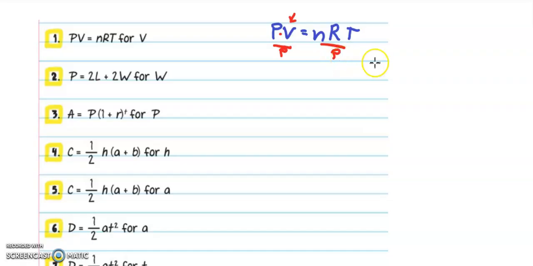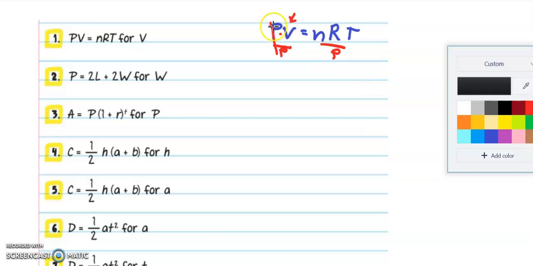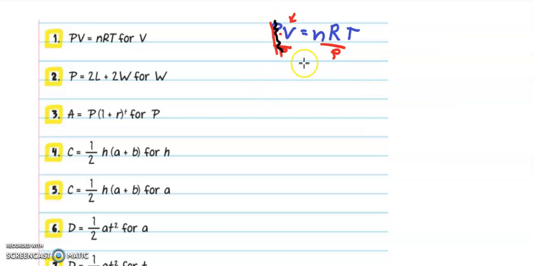Since we're solving for V, I divide by whatever it is we're multiplying by. And since these cancel out, well, the V is now all by itself here. V equals, and I don't have like terms over here. It's all variables.